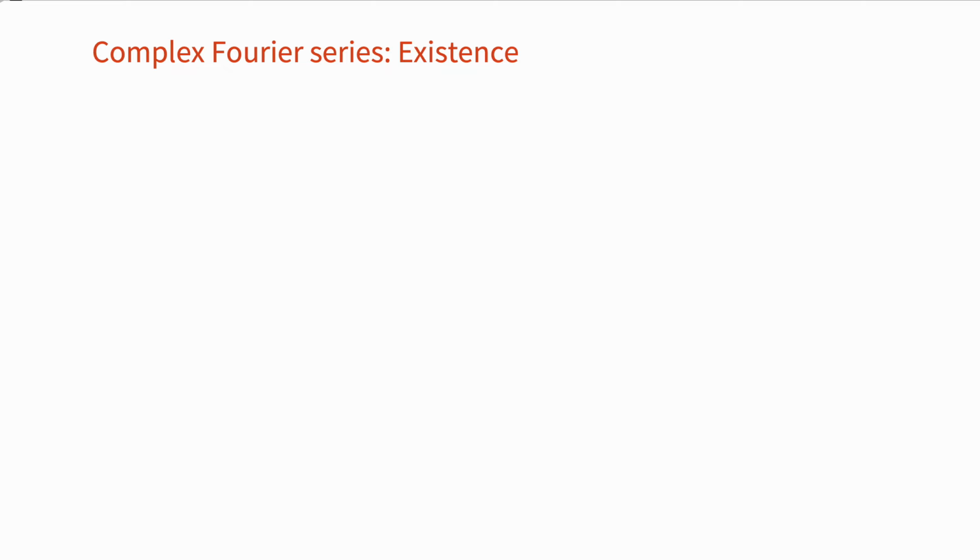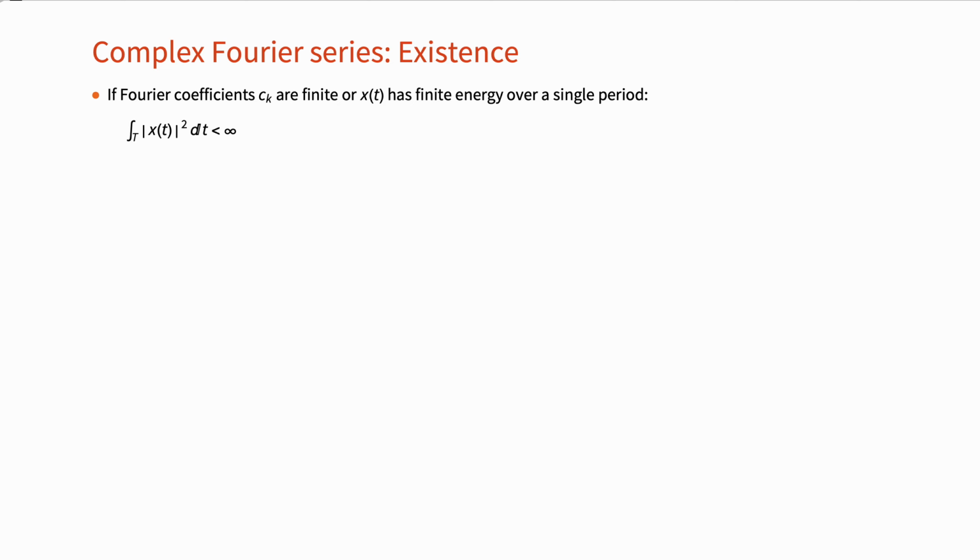The Fourier series as we define them will not always exist. For the Fourier series to exist, the coefficients ck must be finite. This is guaranteed if the periodic signal x of t has finite energy over a single period. In other words, the integral shown here must be finite.